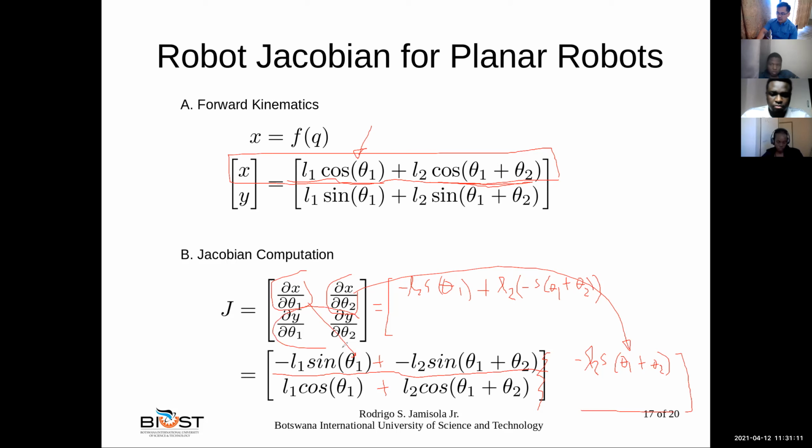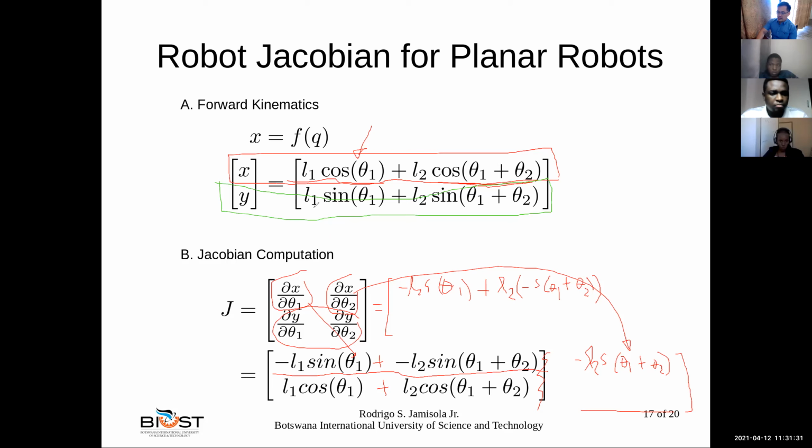We compute this row, partial of y with respect to theta 1. So again, let me change to another color, maybe green. So we have this one. You take the partial of y with respect to theta 1.